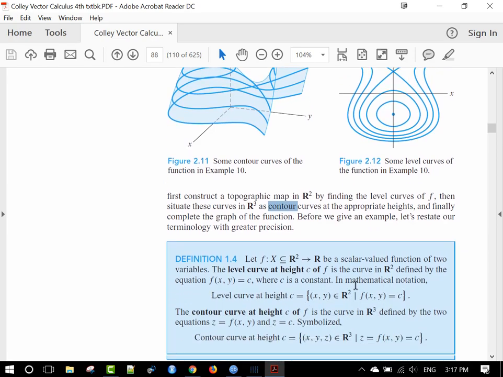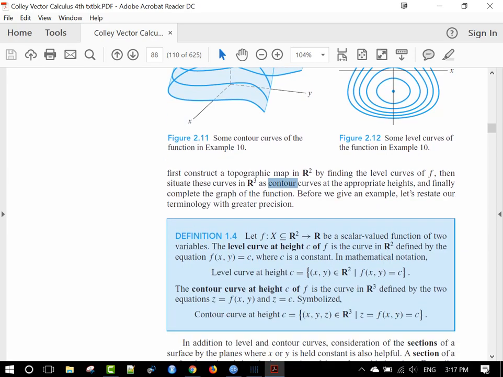Okay, so let's define these two ideas carefully, the level curve and the contour curve. First of all, you should remember the level curves are in R2, and the contour curves are in R3. Suppose that f is a function from R2 to R. It's scalar valued because this is just R, of 2 variables because this is R2.